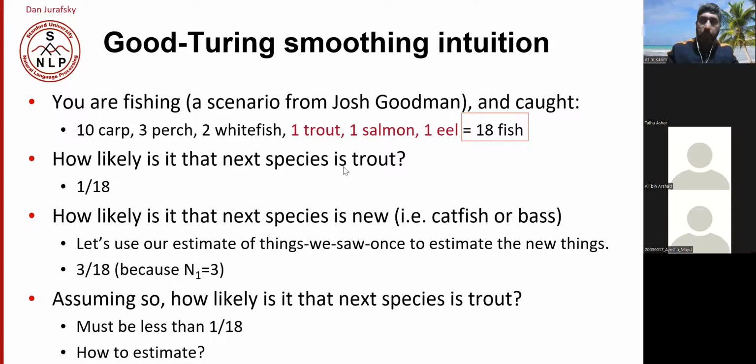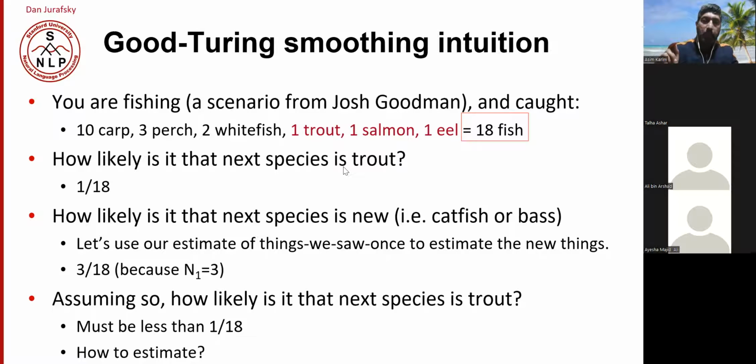But we are more concerned with the unknown, so we start from the other side. The probability of eel would be 1 over 18, and trout would also be 1 over 18 according to MLE. But let's say the next fish is some unknown fish, like bass, for example. According to MLE, bass would be 0 over 18.